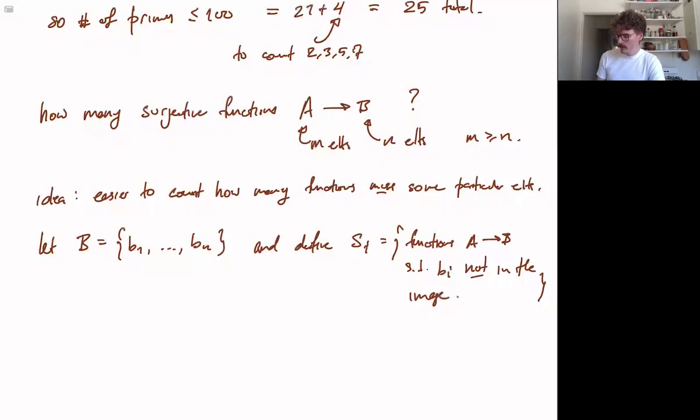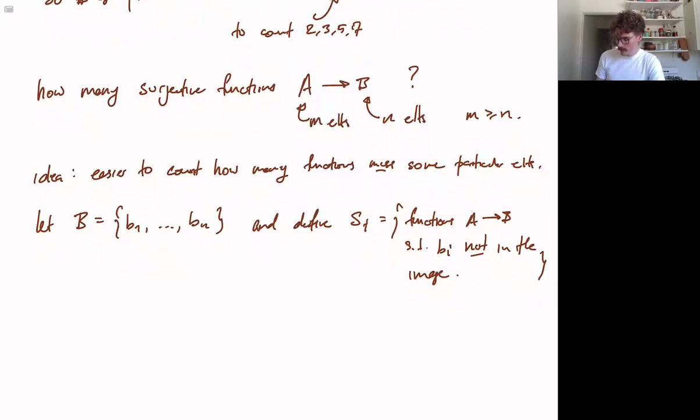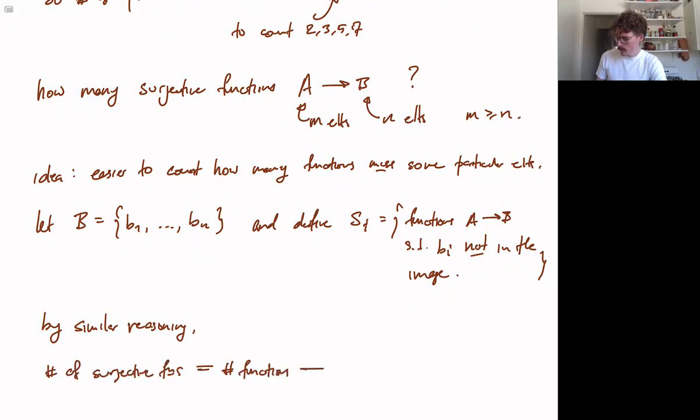So by similar reasoning to what we used above, the number of surjective functions is going to be equal to the total number of functions minus the cardinality of S1 union dot dot dot union Sn.